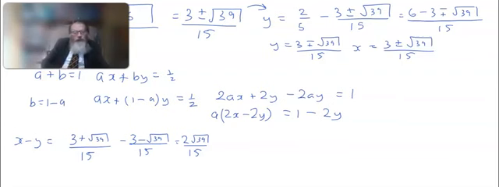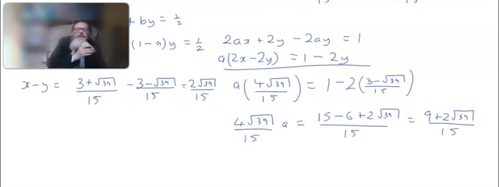And I can now multiply that by 2, and put it into this equation here. So let's do that. And so I find that 4 root 39 upon 15 times a is 9 plus 2 root 39 upon 15. And so I now do a simple division sum to find the value of a, 1 minus that quantity to find the value of b, and then I have my 4 numbers.